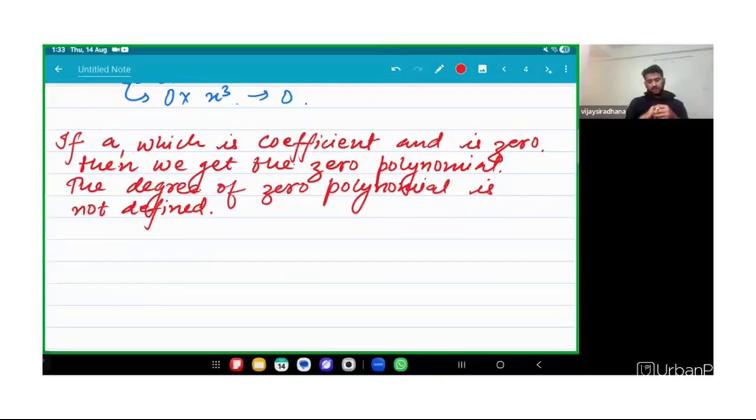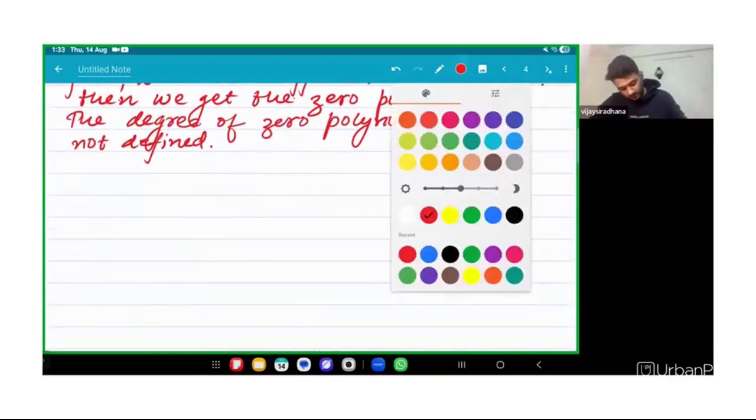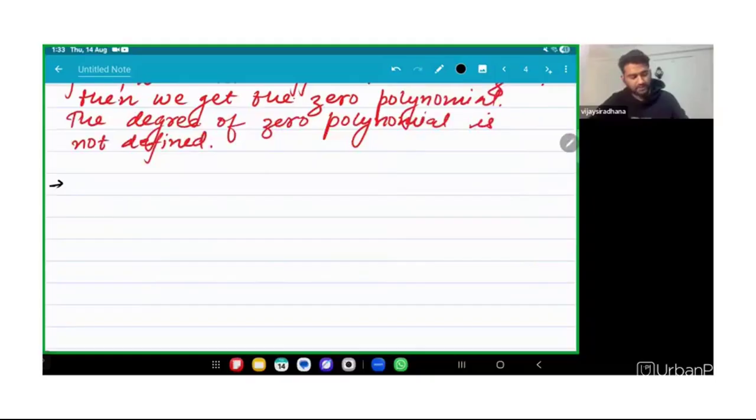Now, student, in your syllabus, you will be dealing with one type of polynomial, that is polynomial in one variable. But what do you mean by this? What if I give a question: 7x square plus 12x plus 17z.